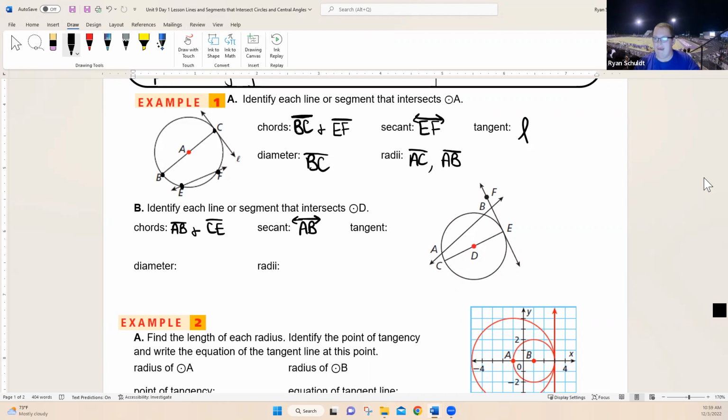That is line EF. Now the diameter, which one goes all the way across at the widest part of the circle? Segment CE is your diameter. The radii would be DC and DE.